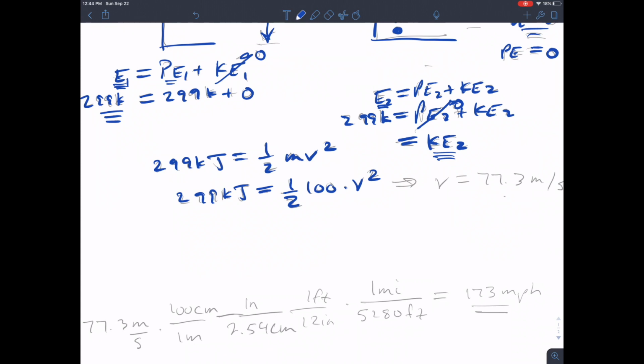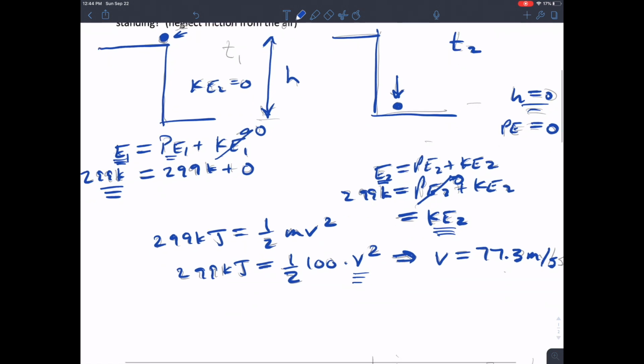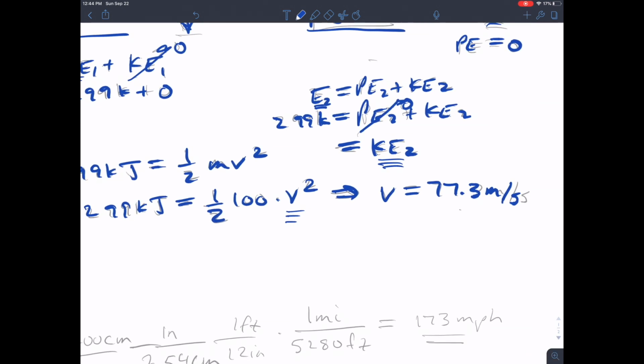So I solve for velocity. Now, using a consistent system of units, what I know is that the velocity is going to be in meters per second. All right. So if you carefully read the problem, it says, what is the speed of the anvil when it hits the ground? Well, meters per second is a speed. And so on an exam, I would have stopped right there.